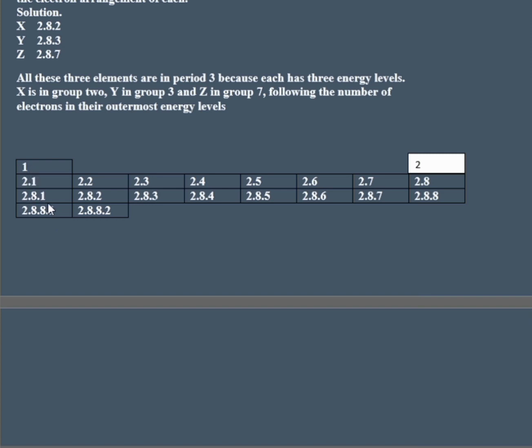The reason being, hydrogen can be placed in group 1 because it has 1 electron in the outermost energy level. Hydrogen also can be placed in group 7 because it only requires 1 electron to be complete, to be stable.